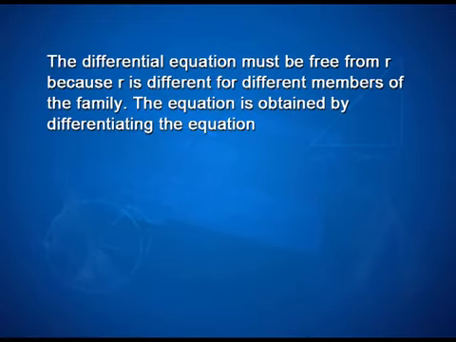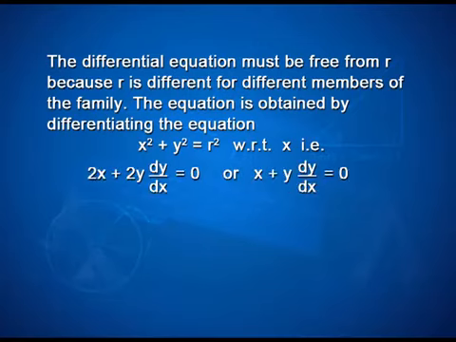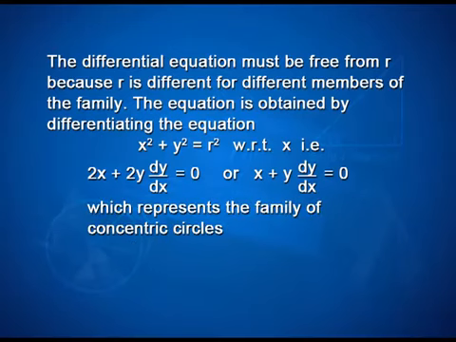The equation is obtained by differentiating x square plus y square is equal to r square with respect to x, that is 2x plus 2y into dy by dx is equal to 0, or x plus y into dy by dx is equal to 0, which represents the family of concentric circles.